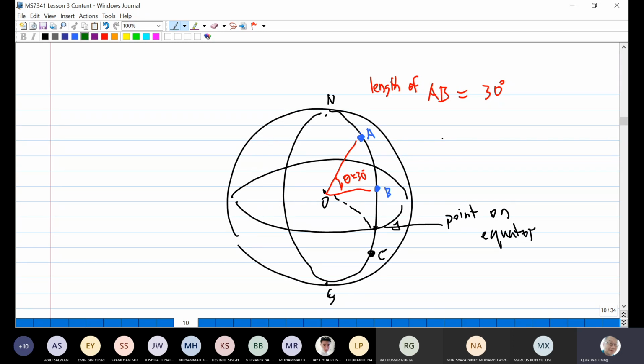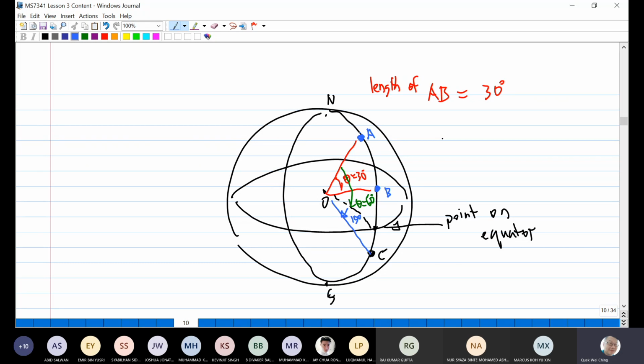Then what is the angle from here to here? We don't know. Let's say this theta is 60, and then you move toward the South Pole, and you have another angle, let's say this one is 15, from the equator to C now.